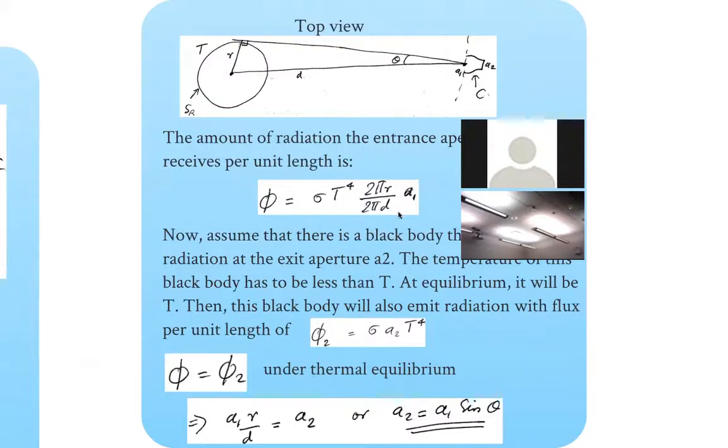times 1. Again, we are looking at unit length. That is the surface area of that cylinder. So if you take the total flux from the source divided by the surface area, you get flux per unit area. Actually per meter, because we're doing it per unit length, but that distinction is not so important because these things are infinitely long. Then we take that flux density and multiply it by the area of the entrance aperture of the CPC.